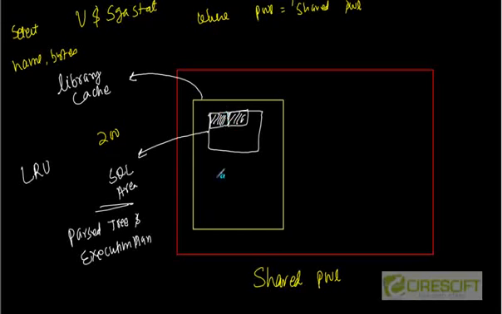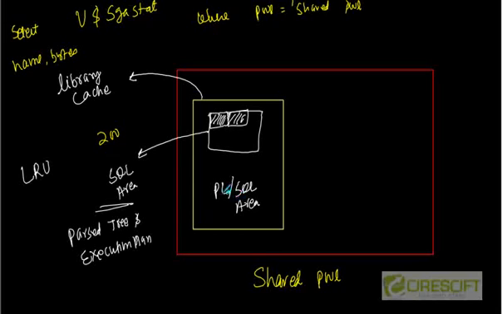The remaining area is called the PL/SQL area. This is where, whenever you are running a stored procedure or function, the parsed value of that PL/SQL procedure is going to be loaded.